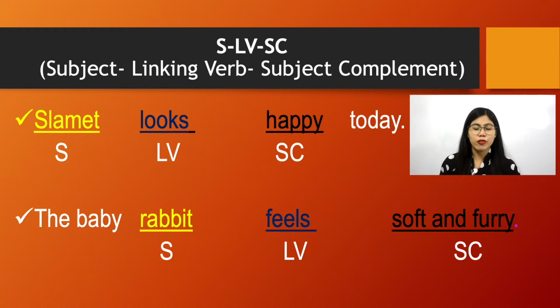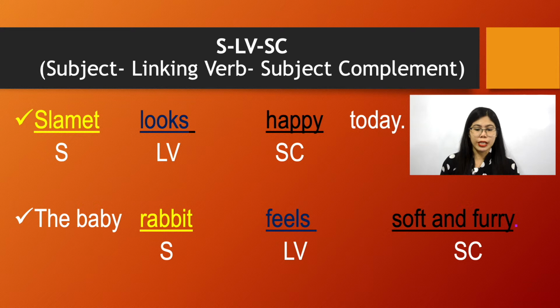Aside from the linking verbs I have given you, there are also other linking verbs. And you will identify if a verb is a linking verb if, when you substitute it with the words is, are, was, and were, the meaning of the sentence will not change. Let's try to substitute it with the word is.